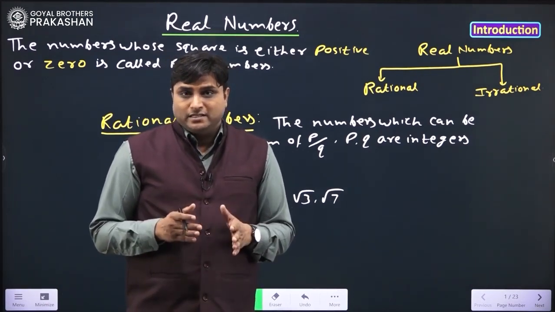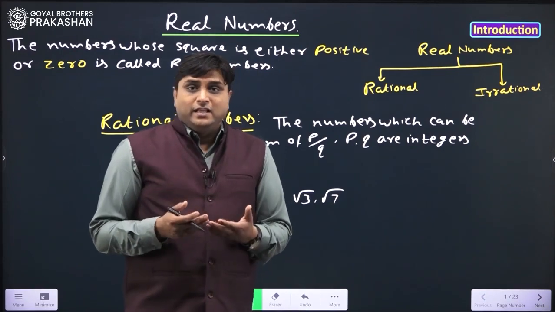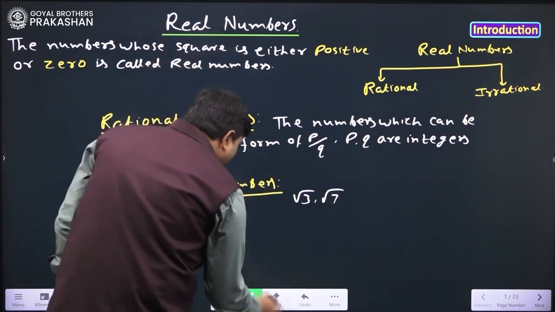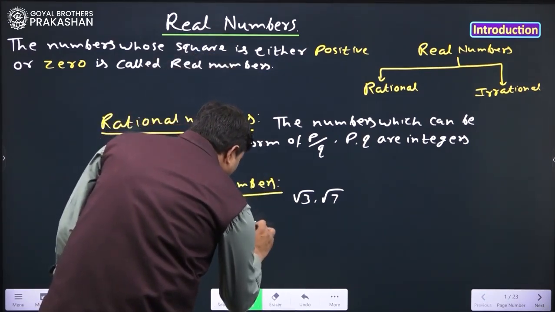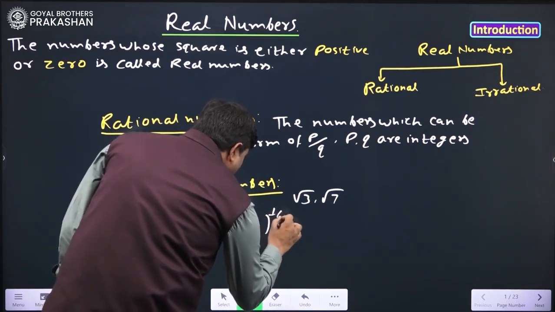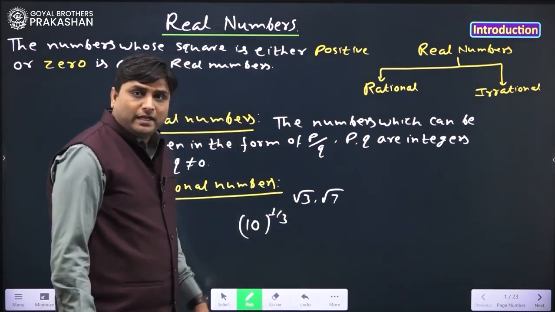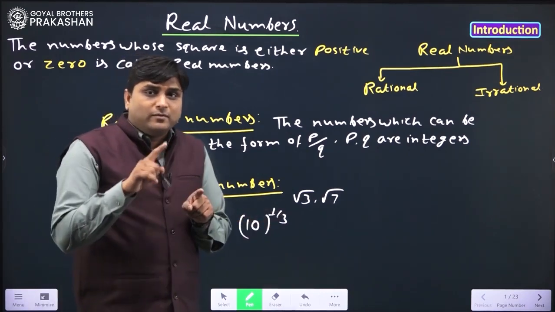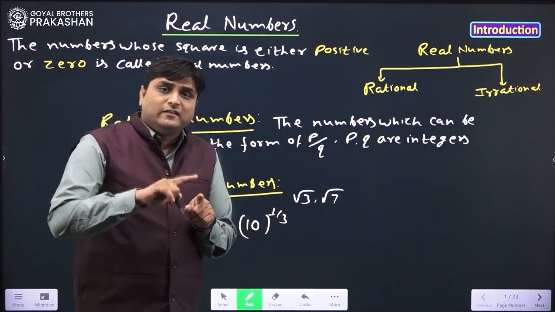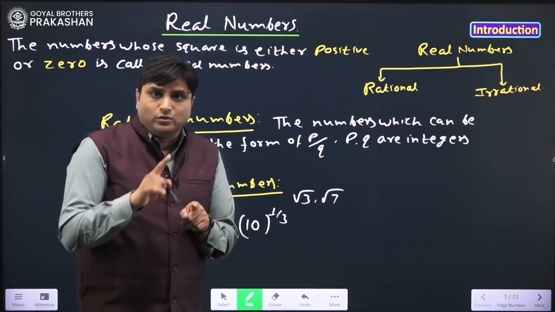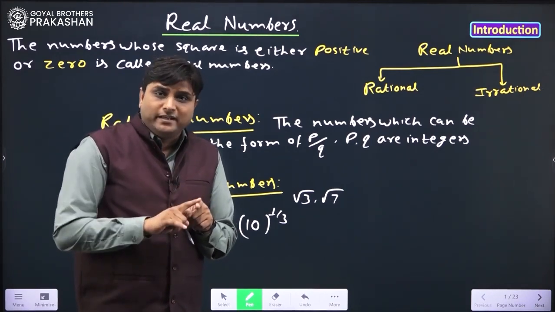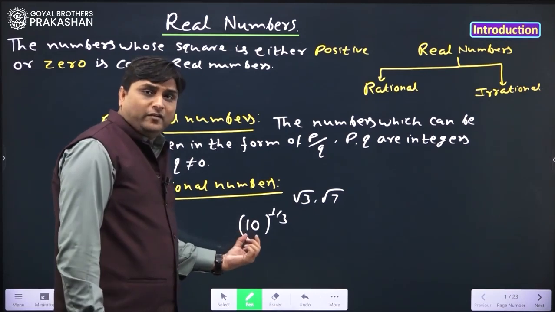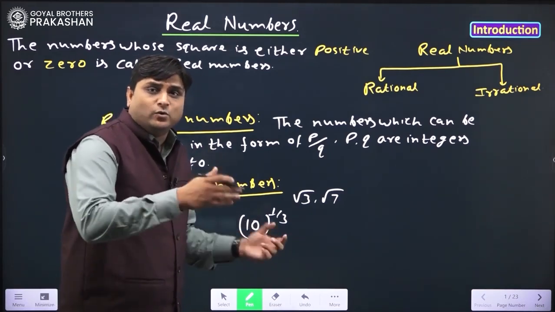Or I can say that if we put any fractional power on a number, like 10 to the power 1 by 3, we know that its result will not be an integer, because 8 to the power 1 by 3 is 2 and 27 to the power 1 by 3 is 3. The cube root of 27 is 3, the cube root of 8 is 2. So the cube root of 10 will be somewhere between 2 and 3.